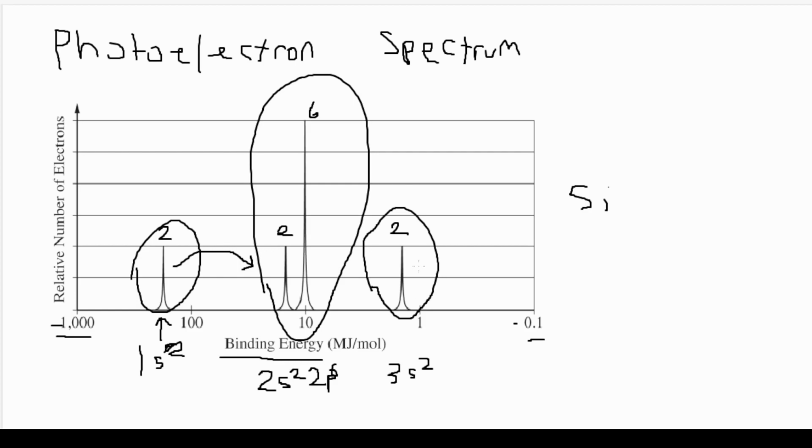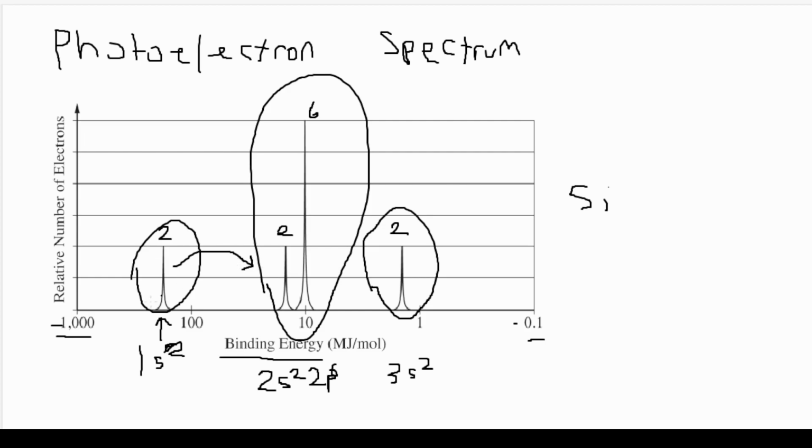It also makes sense because p is taller. An s subshell can't hold 6 electrons, so there's no way this second one over here could be s. It doesn't make sense, so it has to be p. And this is how we actually know that there are different subshells, because they show up as different peaks. We know the p subshell is a little farther away, but it's still on the same energy level because it's so close to the 2s subshell. That's really all you need to know.